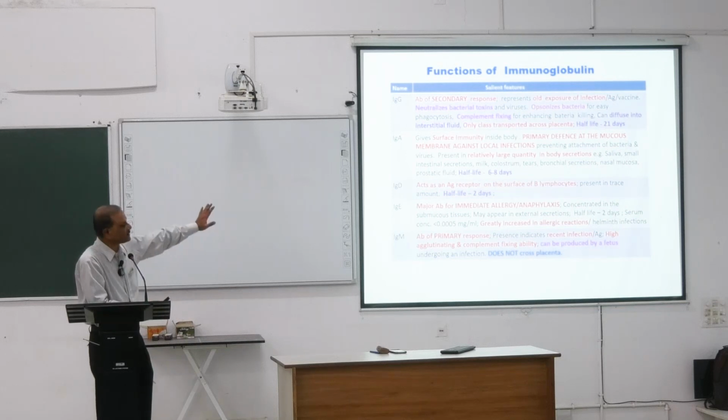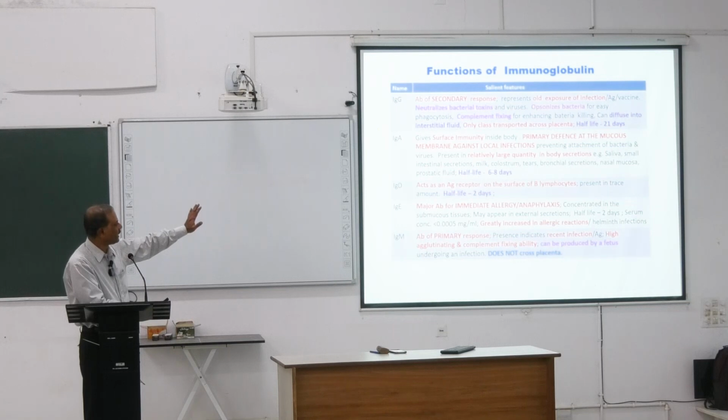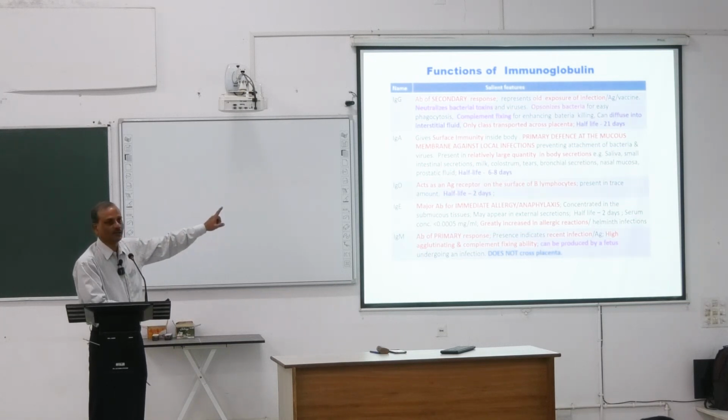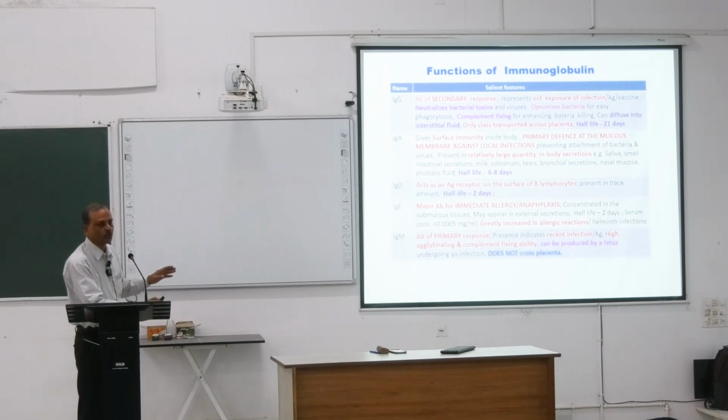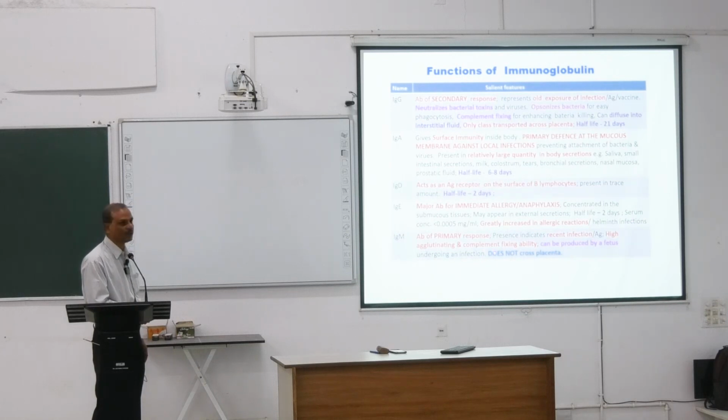And most of the things are covered here. You will not be required to know any more in detail, but at least whatever has been written in red letters, you must remember and you must understand. Let me tell you primarily, when our body is exposed to infection or any kind of offending agent, we mount an immediate response, that is called the primary response.